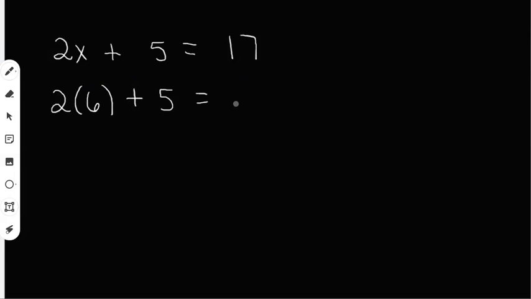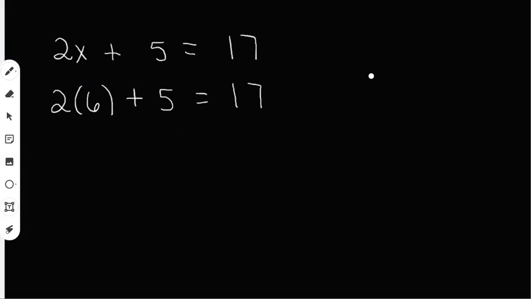I've got 2x plus 5 equals 17. And the only thing I'm going to do is I'm going to let x be 6. Nothing else is going to change. So the 2 stays the same, the plus 5 stays the same, and the 17 stays the same.